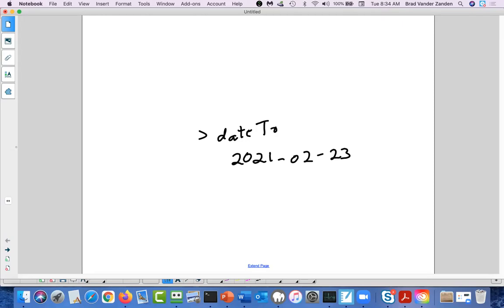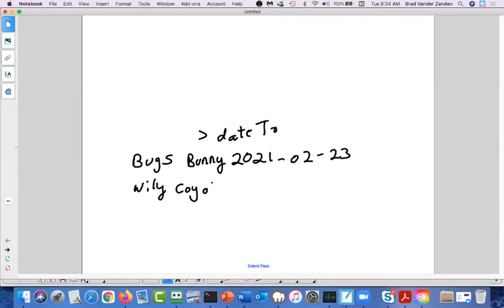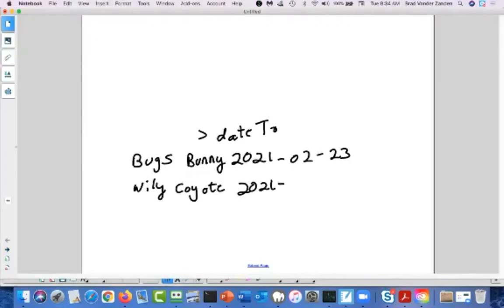And to further show you why it's an issue if you're using greater than or equal, suppose that Bugs Bunny checks out on 2021-02-23 and that Wile E. Coyote checks in on 2021-02-23.